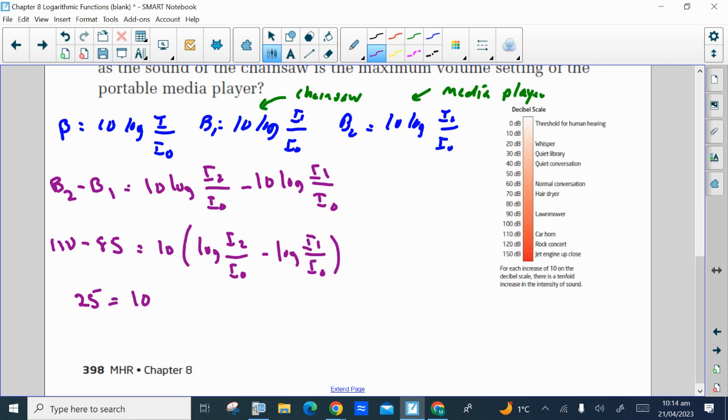And inside the brackets now, we have the difference between two logs with the same base. We can use the quotient law to simplify that, to write it as a single log. And we do that by taking the quotient of the two arguments. And we combine 2 into 1 by using the quotient law.